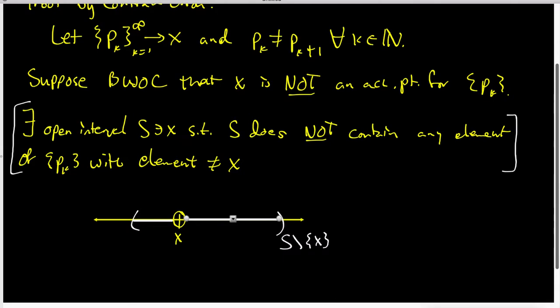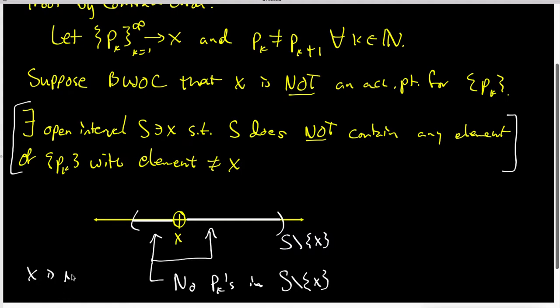This statement up here says there are no pKs in those white line segments. So there are no pKs inside the set S take away X. And that's from our hypothesis that X is not an accumulation point for the sequence.